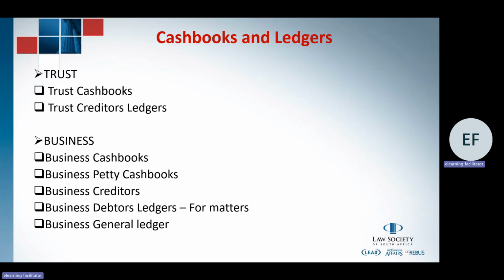Okay, so our cash books, basically we have explained that our trust and business transactions should be separated, which means if you have a database, you are using a system like Sage or Pastel, and you're not using low accounting systems, you should create two separate databases.